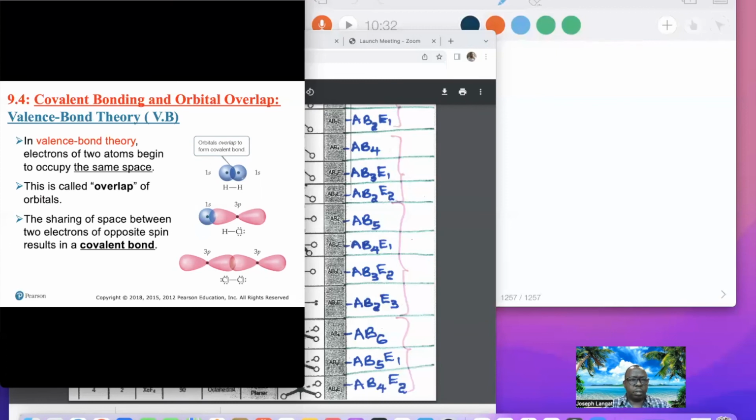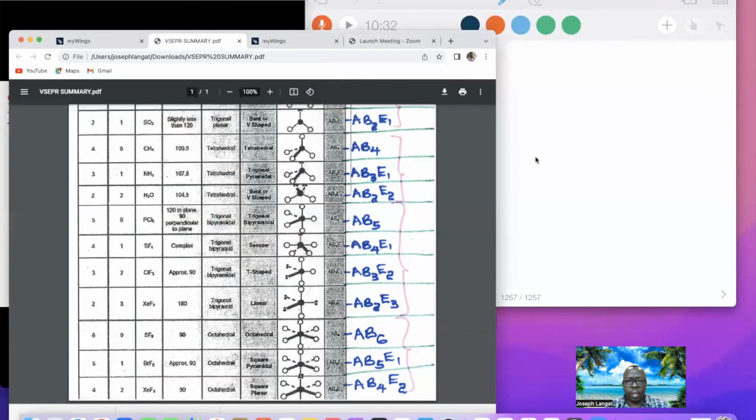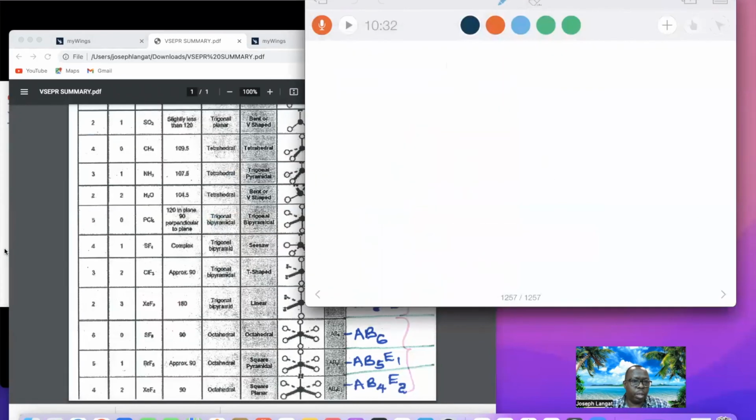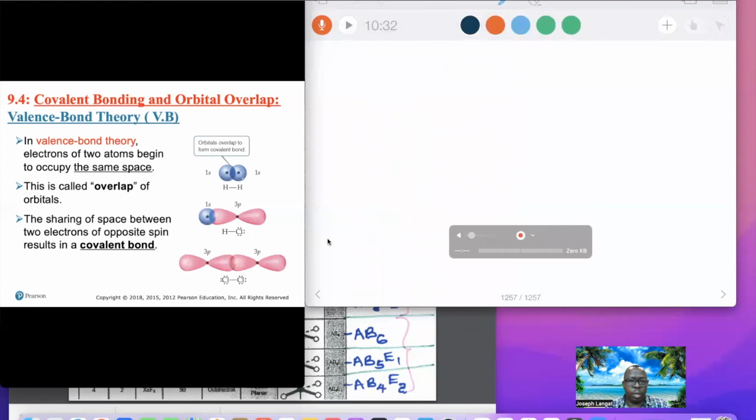The last part in part A of lecture recording 9.4. 9.5 is part B, on covalent bonding, the bonding theories. Remember what we said earlier on, there are two bonding theories.